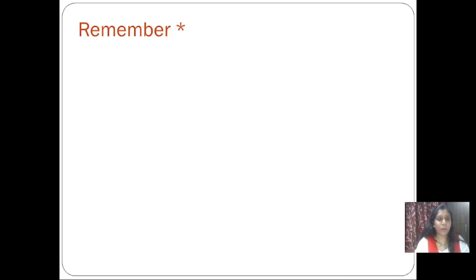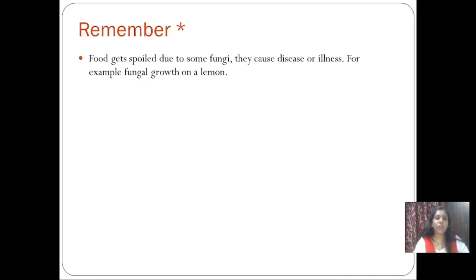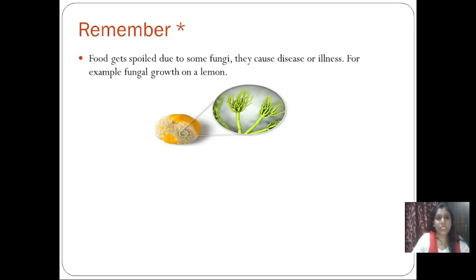Now remember, when food gets spoiled due to some fungi, they cause disease and illness. For example, fungal growth on a lemon. You can see in this image, there is a fungal growth of white color and greenish color on this lemon. Please be aware, in your house also this fungal growth is very common.